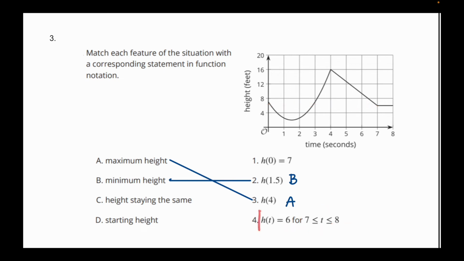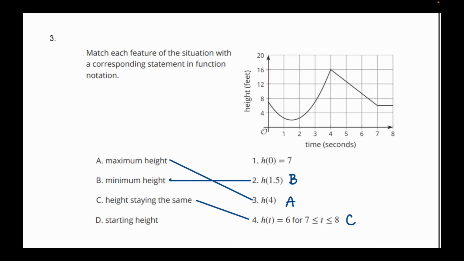And then they're actually telling us that it is a height of 6. And this does line up with 6 on our graph. So this one is C. It's a little bit of a giveaway because we have to have two time amounts here for it, but if you're not used to it, that can also make it a little tricky.